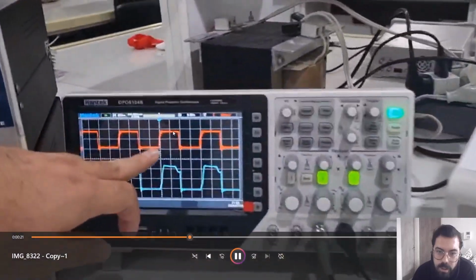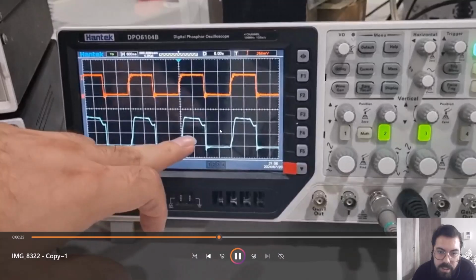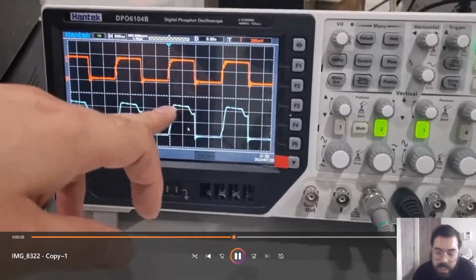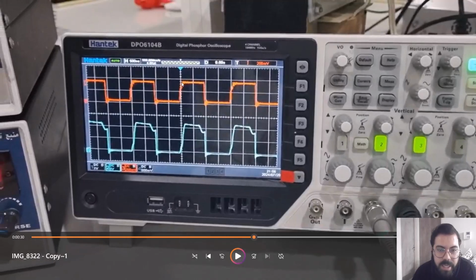and this is the first stage main switch, and this is the second stage main switch. For the first stage main switch it is the gate source voltage, and for the second stage it is the drain source voltage of the main switch. As I mentioned before, these main switches should have a 180-degree phase shift.